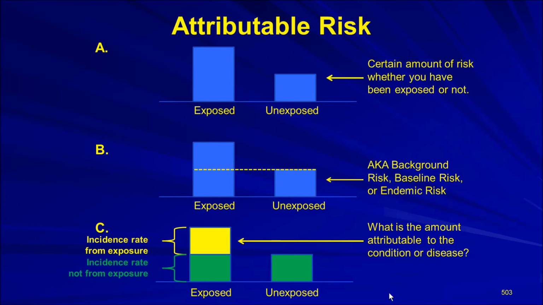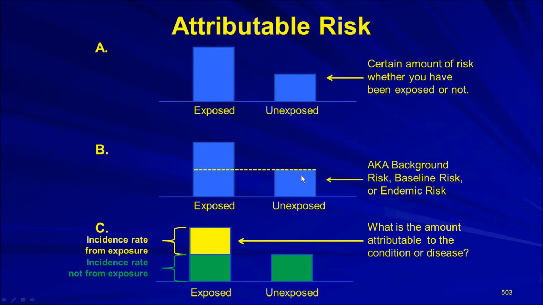So if you look, I'm going to go through this. This is the amount of risk that we calculated, or the absolute risk. And the absolute risk in the exposed group was 28.0, right? So you can just put 28.0 here. And then the amount in the unexposed group was 17.4, and you can put that there.